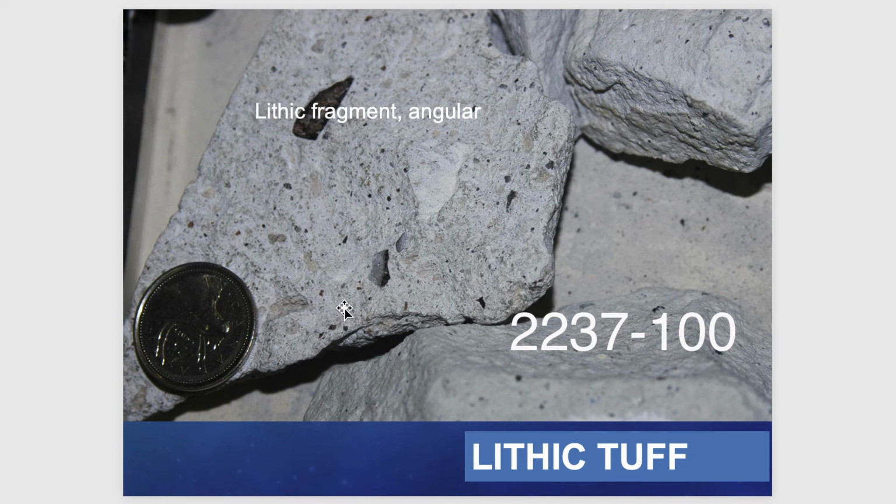So these could have different compositions. Some could be pre-existing pumice, others could be of more mafic composition, so more basaltic fragments, depending on the different eruptive phases that have characterized the volcano.